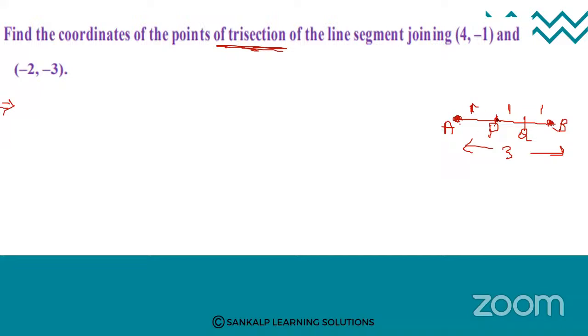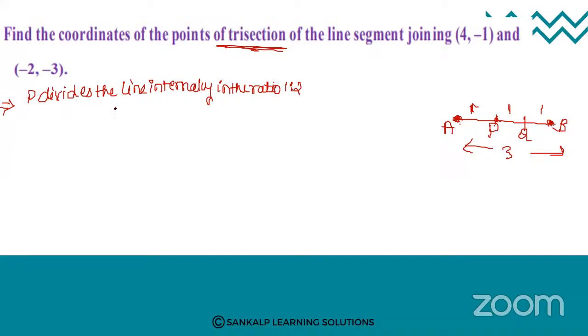So therefore P divides the line internally in the ratio 1:2.